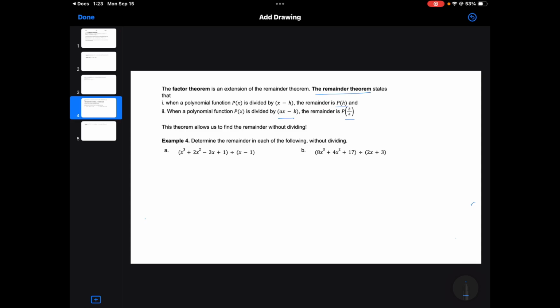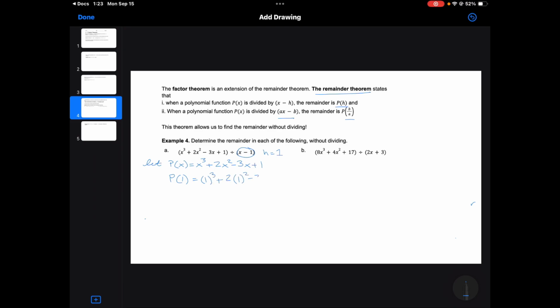So in my first example here, I'm going to define my polynomial, x cubed, 2x squared, and I'm only asked to find the remainder. So I'm going to identify my divisor, x minus h. That means my h value is just 1, and I'm going to evaluate my polynomial at 1.